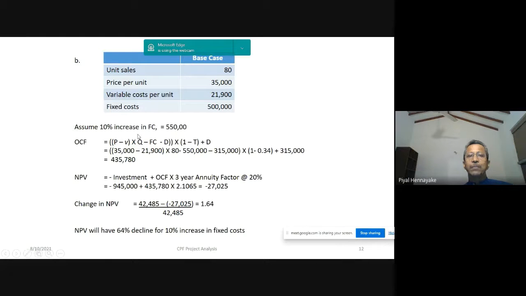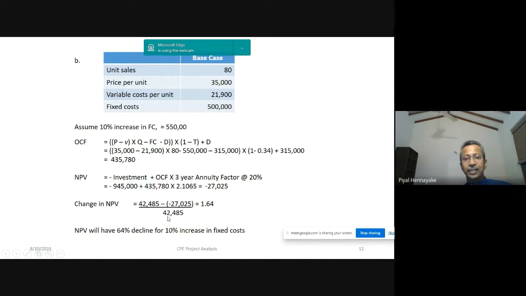We assume a 10% increase in fixed cost to 550,000. Calculate the operating cash flow for that scenario. With 550,000 here, we get 435,780. So the NPV is minus investment plus operating cash flow times the 3-year annuity factor. Minus 945,000 is the investment, you remember, and we get minus 27,025.